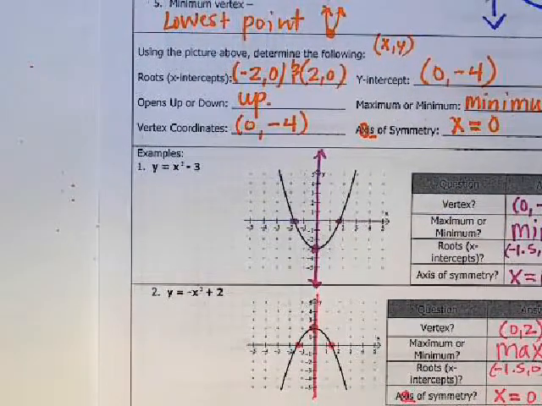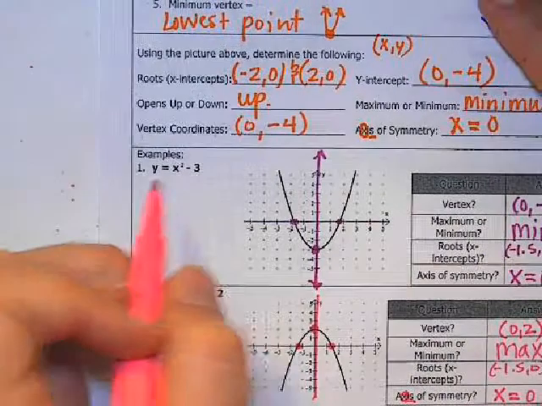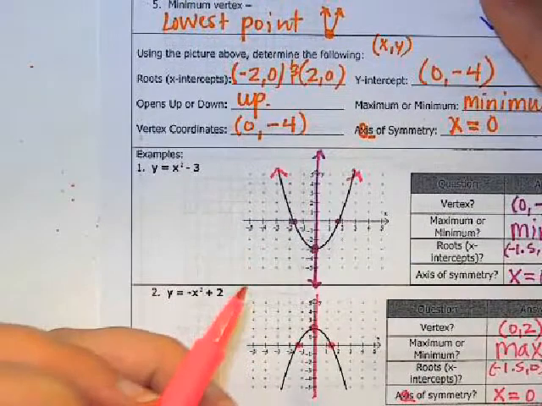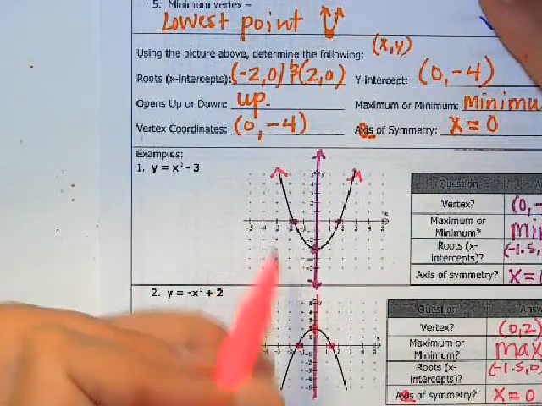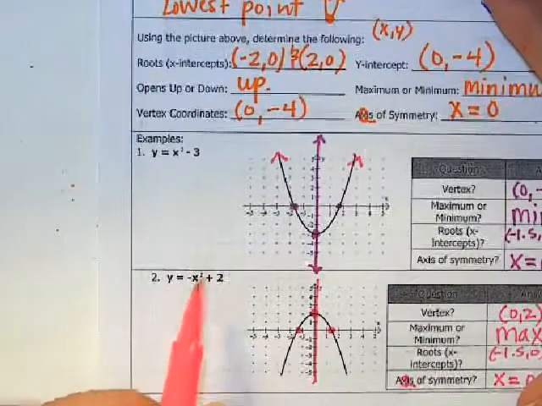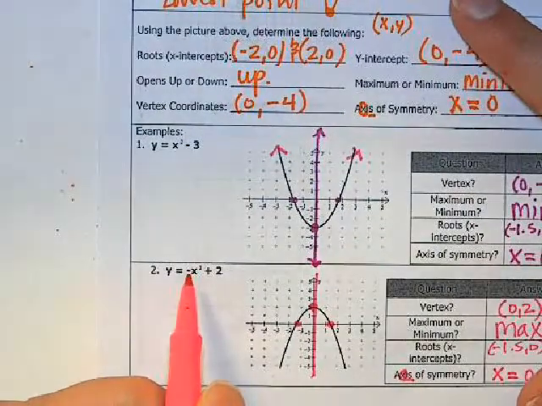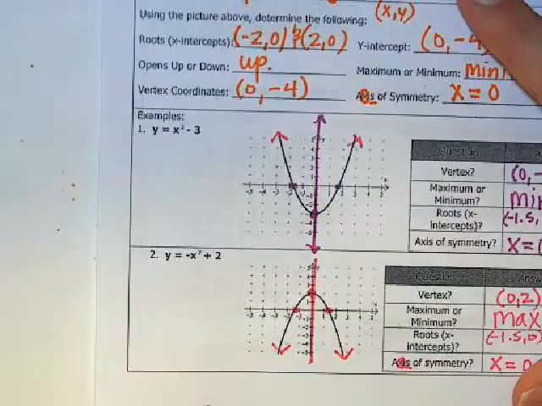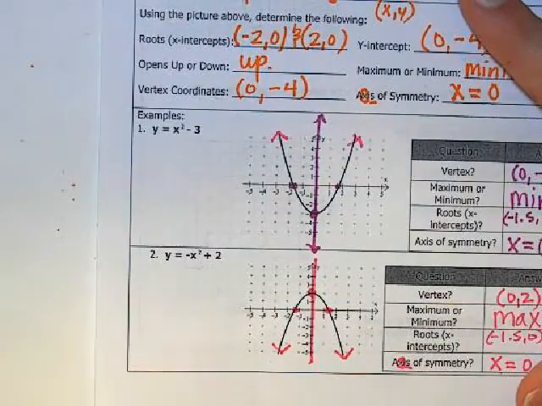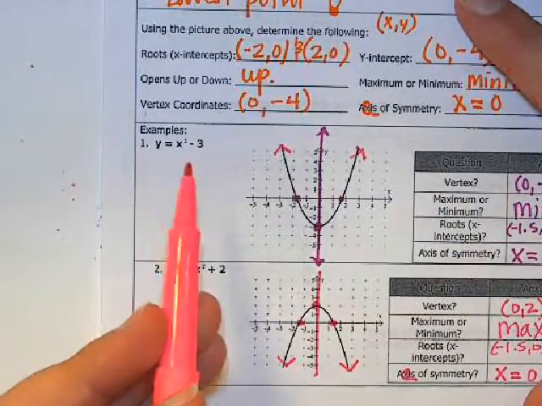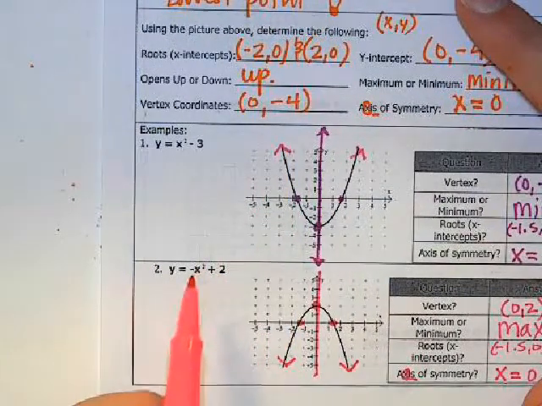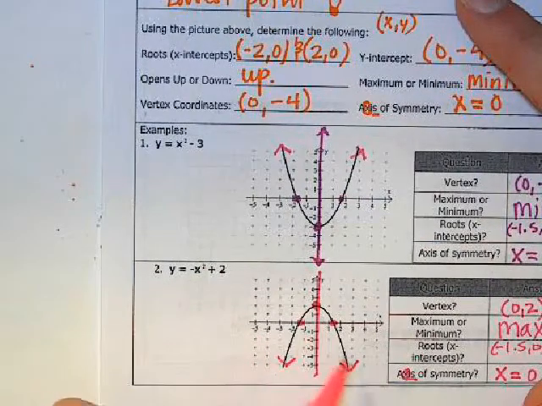Your x is positive, so your graph is going up into the positive numbers. This one, your x is negative, so now your graph is going down into the negatives. Positive x turns my graph up, going in a positive direction. Negative x turns my graph down, going into a negative direction.